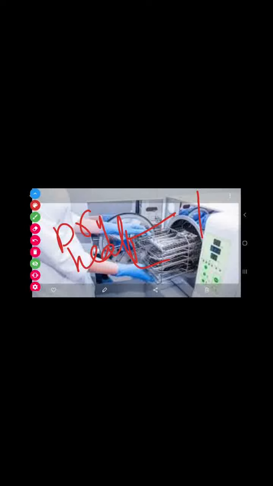Now the third point is radiation. Ionizing radiation is not used for general laboratory sterilization. However, ultraviolet radiation, UV, is used to control airborne microorganisms and for environmental surface decontamination.